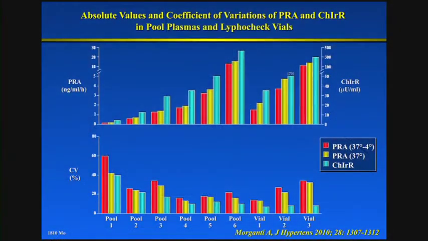But I want to mention that we recently did a comparative collaborative study in Europe, examining the capacity of the two methods to measure different ranges of renin, and as you can see in these slides, the coefficient of variation that we got with the new direct renin assay is significantly and consistently lower than that found with plasma renin activity, again suggesting that these new methods have the advantage of being more reproducible among laboratories.